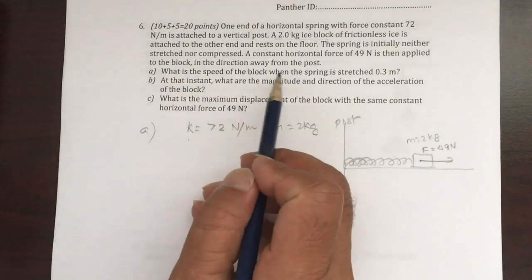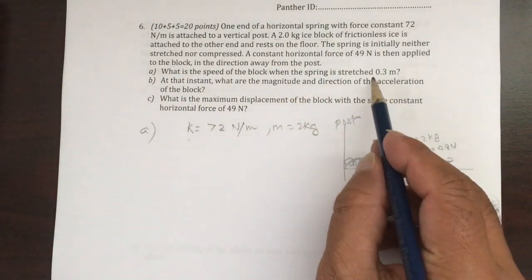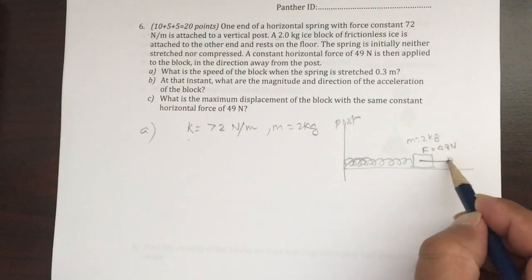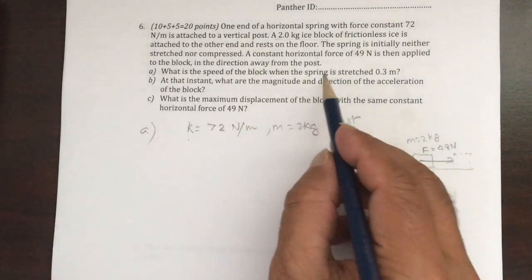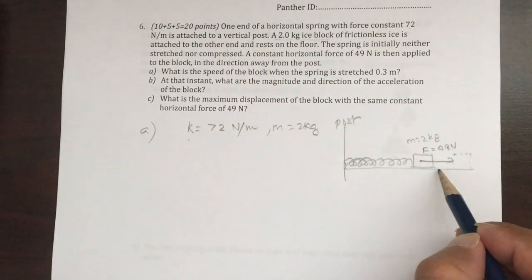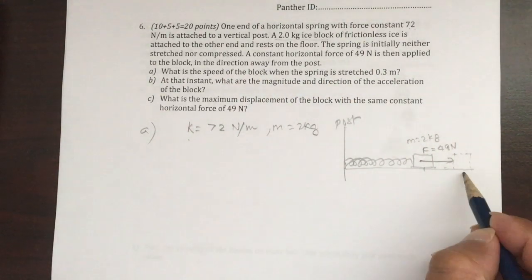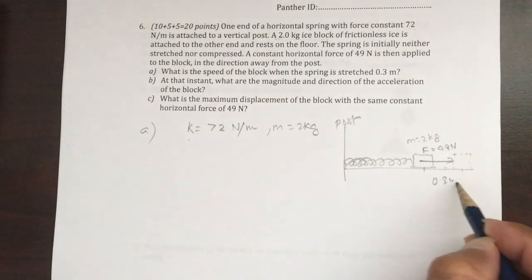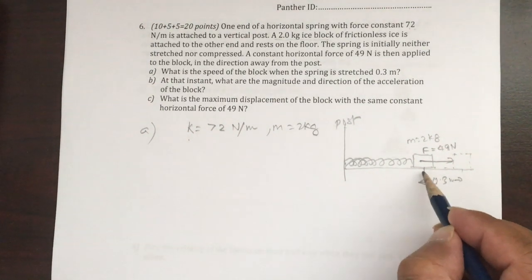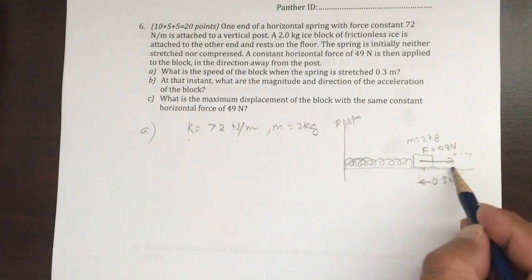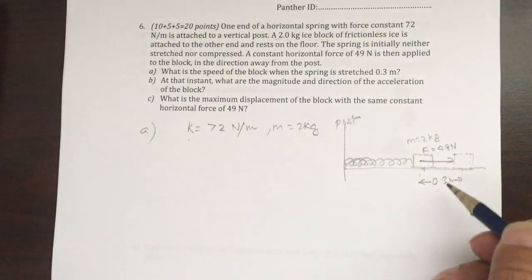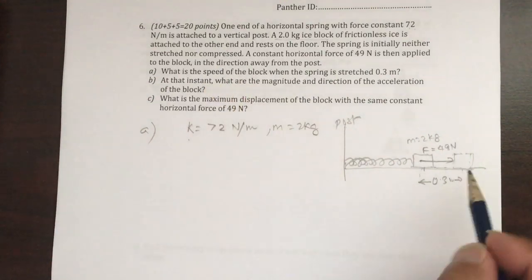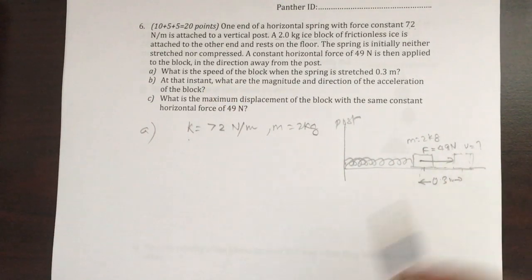What is the speed of the block when the spring is stretched to 0.3 meter, from here to here? Find the speed. V equals what? That's your question.